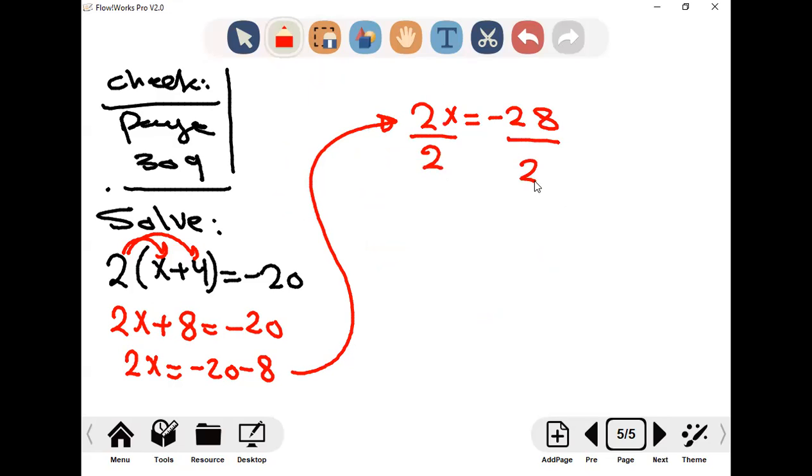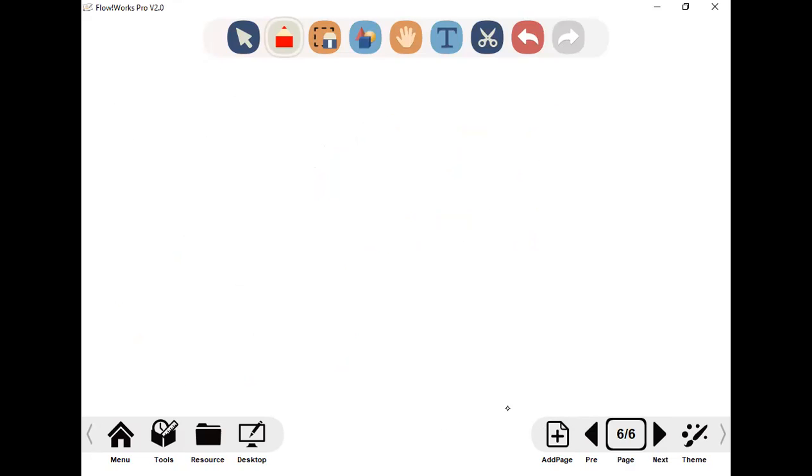Dividing by 2 on both sides, x will be negative 14. Now to check our answer, you replace x here by negative 14. Negative 14 plus 4 is negative 10. Someone said 18. Negative 10 multiply negative 1. Done? Good.